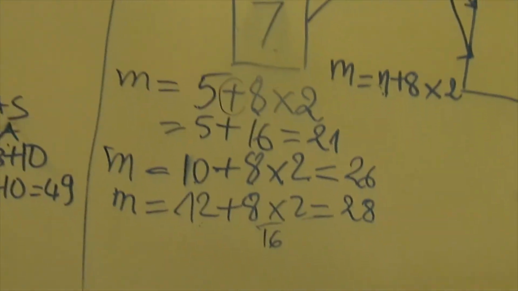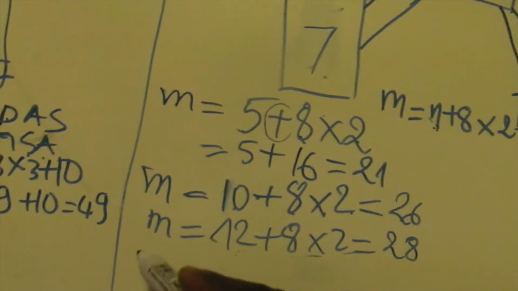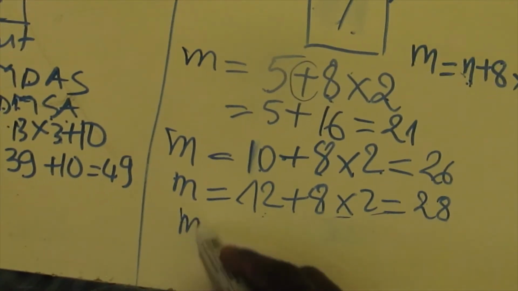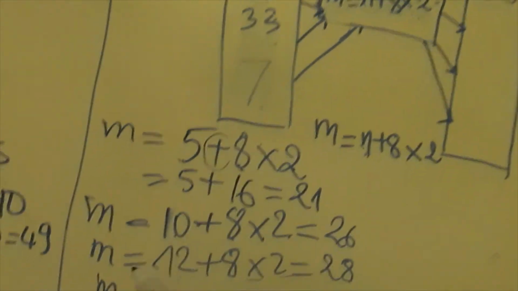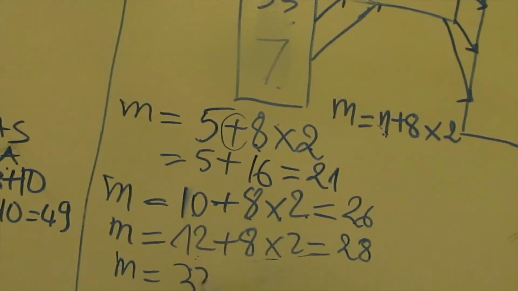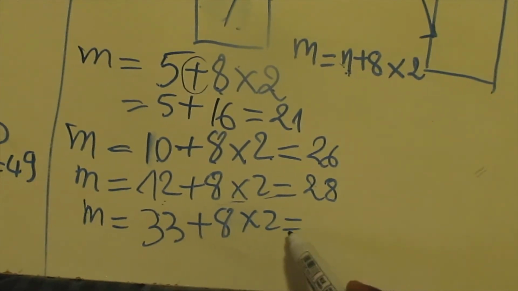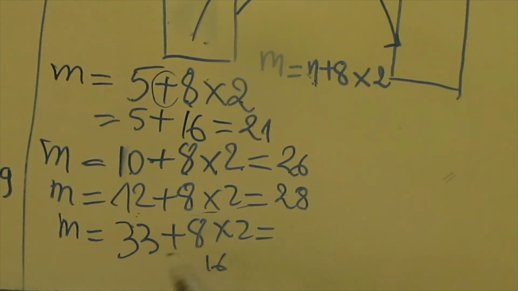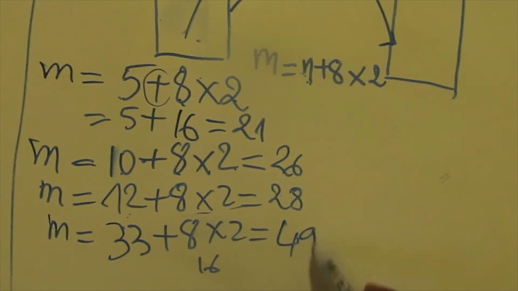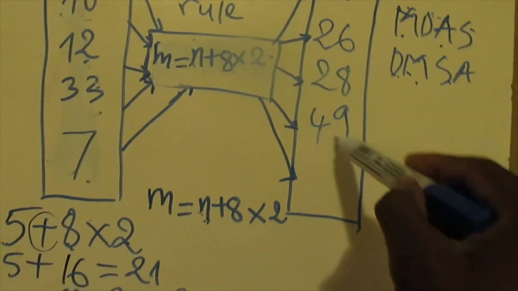So now we can carry on to get the next one. M equal to n, the input is 33, plus 8 times 2. 8 times 2 is 16, plus 33, 49. So here it was 28, 49.